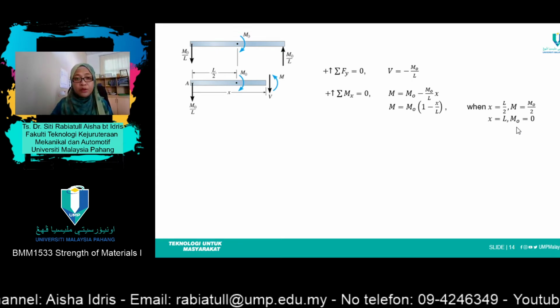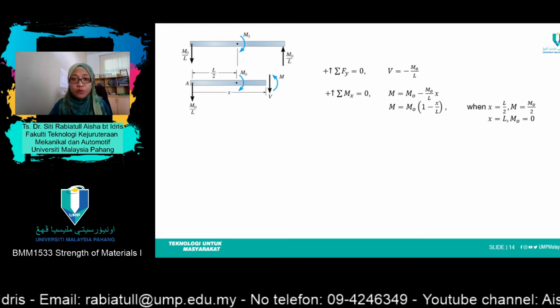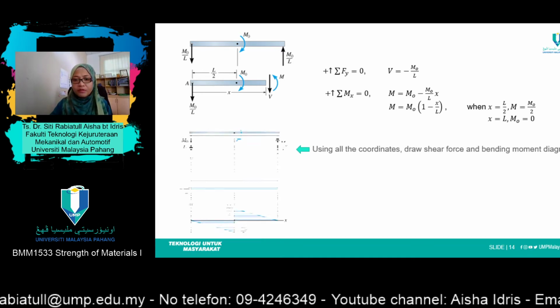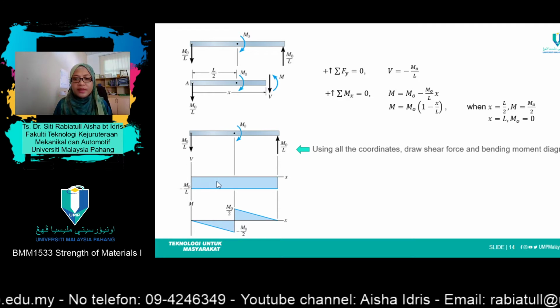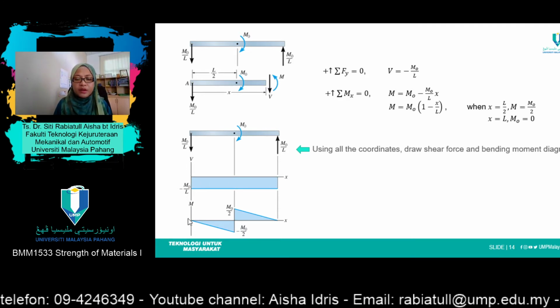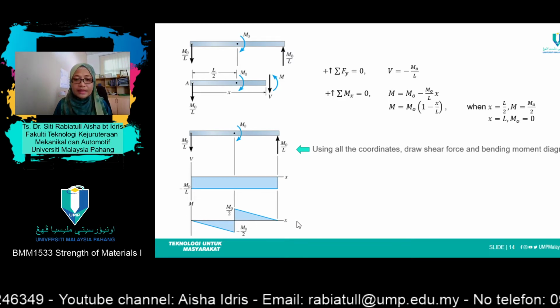So by right, you have all the coordinates which can be used to draw the shear force and bending moment diagram. Alright, so this is the V axis and X axis for shear force, and this one is the axis for bending moment, and this one is the X axis.